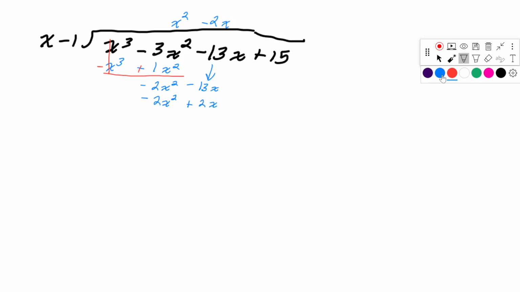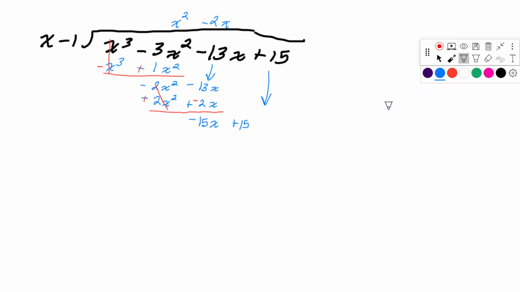And now I do that subtraction piece, which causes these values to change to the opposite. The 2x squared will cancel out, and we now have negative 15x, and we bring down the plus 15.